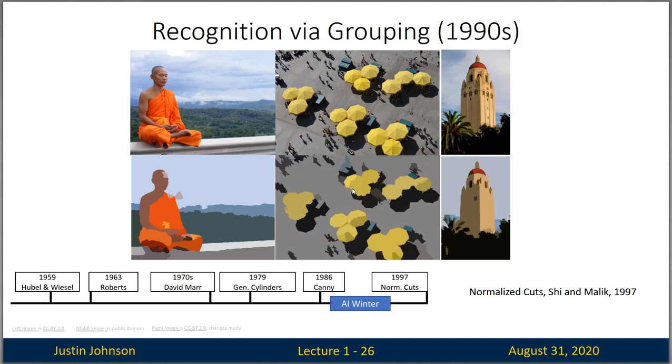At the same time, also between the 1980s and 1990s, there was a period called the AI winter, which was a period of time where the development of artificial intelligence almost stopped.